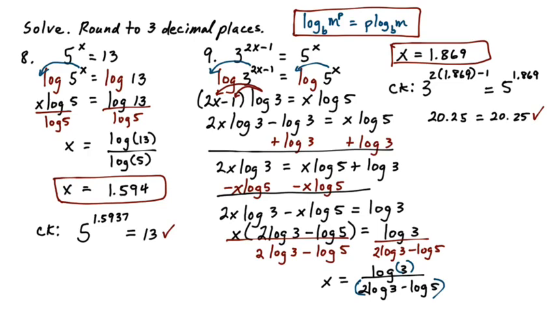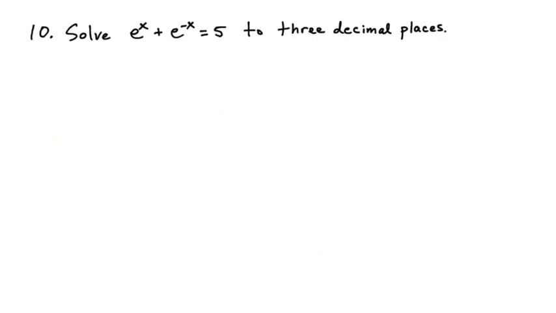All right, there's one more problem I need to get you started on where you're going to be using your calculator. It's this one here. Number 10, solve e to the x plus e to the minus x equals 5 to 3 decimal places. We're going to take advantage of our calculator to help us solve this.